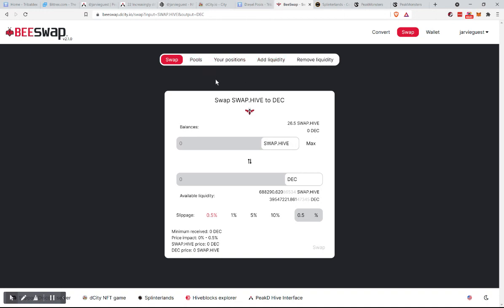Well, we need to take half of that SPS, which we have 10, and we're going to convert half of it to DEC. Boom. Yes, we are. Swap. And give it a moment.